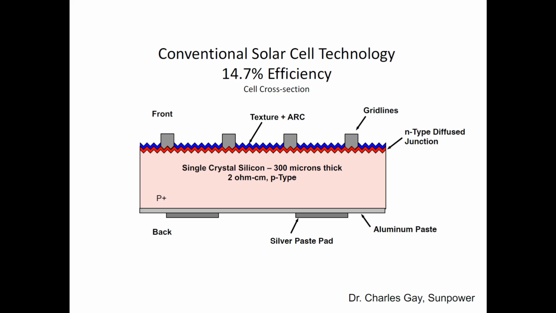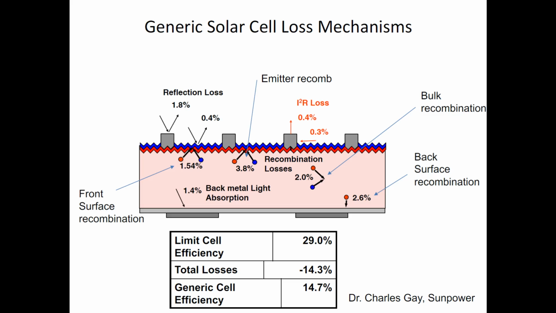One of the first demonstrations was from Dr. Charles Gray at Sun Power Technologies of a solar cell which achieved an efficiency of roughly close to 15%. They made it with single crystal silicon, which is 300 microns thick, and they used all the conventional front and back contacts.